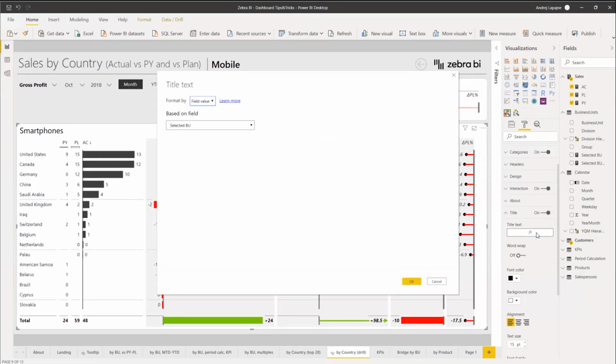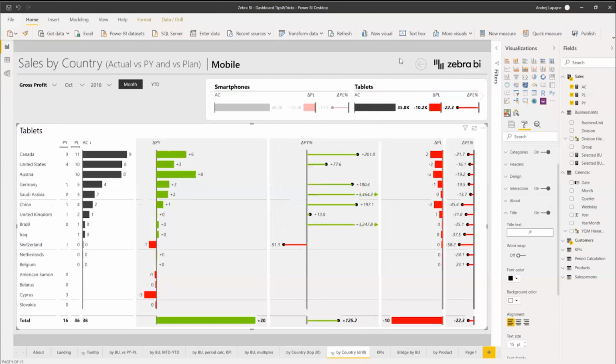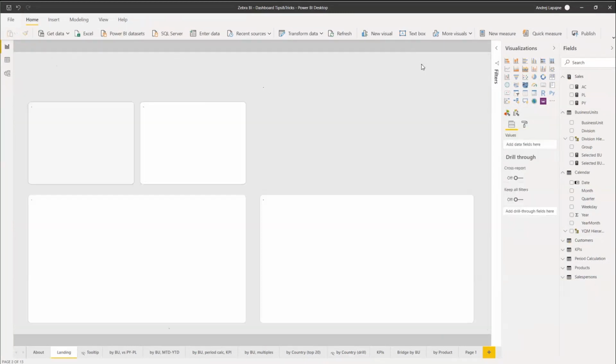So if you use a short DAX code that will return the selections of your filters and so on, this is the place where you can then use those measures that will just return the right text, and everything will be much more understandable for an end user. All right. Of course, then you have some back buttons here.